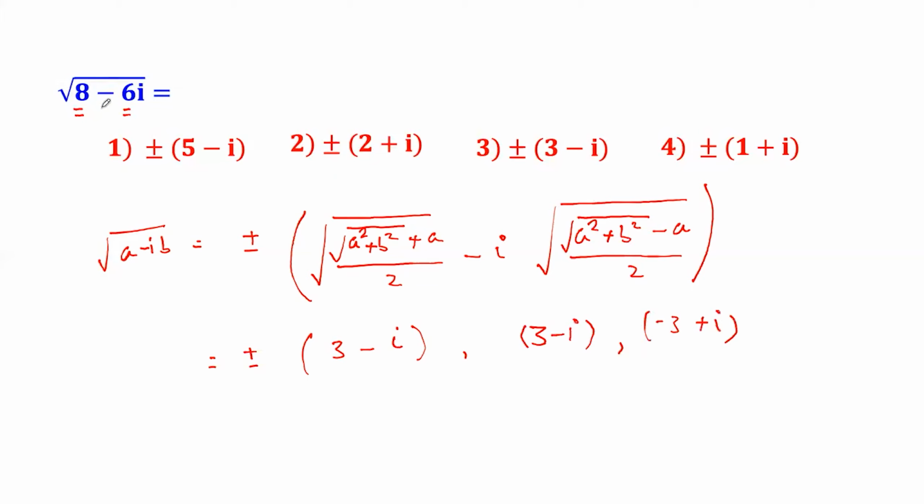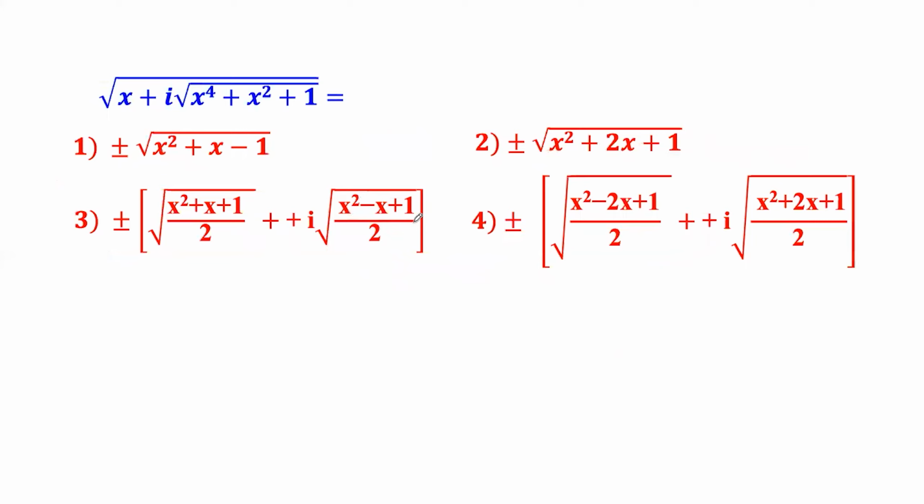See, if there is a minus sign, then we have to use this formula with the minus sign. But if it contains a plus sign, then we change only the sign, and the answer will be in the same form, right? You have to use this a square plus b square, plus a by 2, and if there is a plus sign, we can use the plus sign for that.